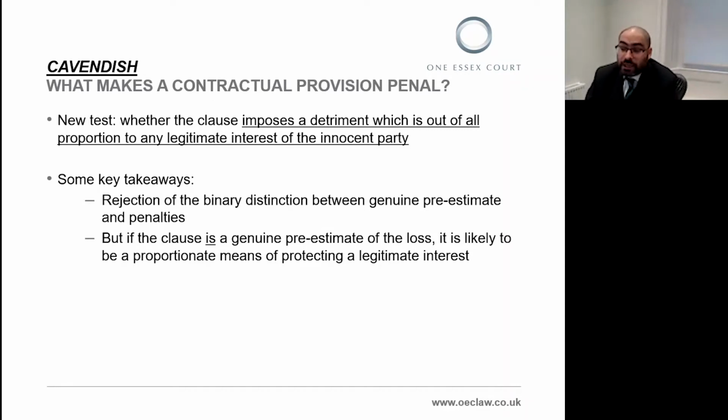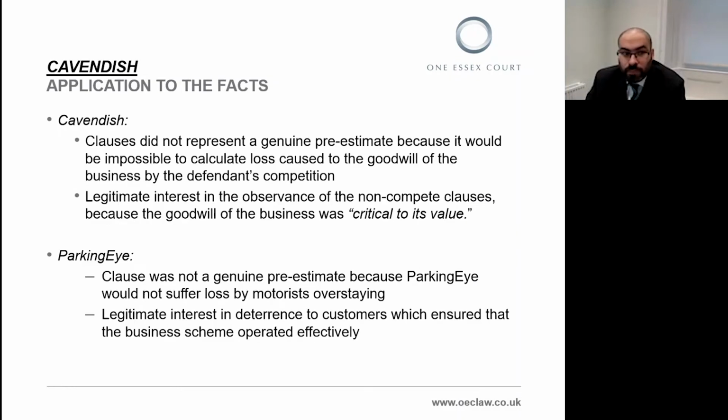Importantly, a clause which is a genuine pre-estimate of loss is unlikely to be a penalty clause because the innocent party is taken to have a legitimate interest in being compensated for the breach. But the Supreme Court made very clear that even if a clause is not a genuine pre-estimate of loss, the innocent party may still have a legitimate interest in its enforcement.